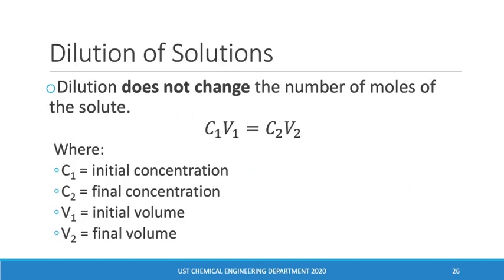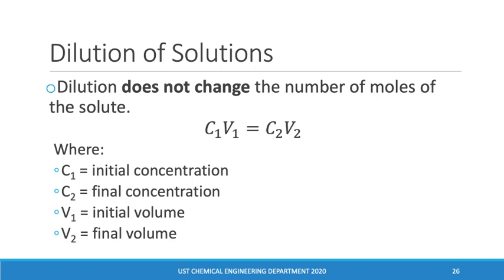Finally, we move on to dilution of solutions. Dilution is done by adding more solvent to a solution, which results in a decrease in concentration of the solute. Take note that since the only component added is the solvent, the number of moles of the solute remains unchanged. Recalling the definition for molarity, the number of moles is obtained by multiplying the concentration by the volume of the solution.